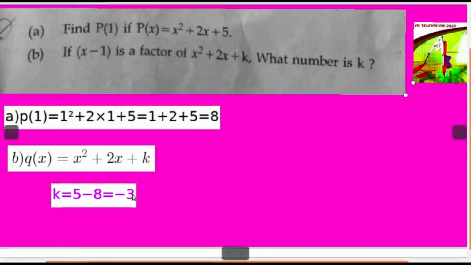Okay, k is equal to 5 minus 8 is equal to minus 3. Now we replace k by minus 3. Then we obtain x square plus 2x minus 3, that is x minus 1 into x plus 3. So we can say that this is a factor of x minus 1.